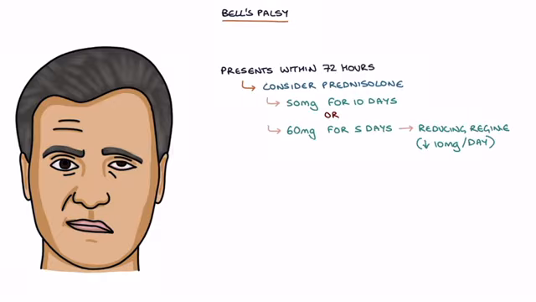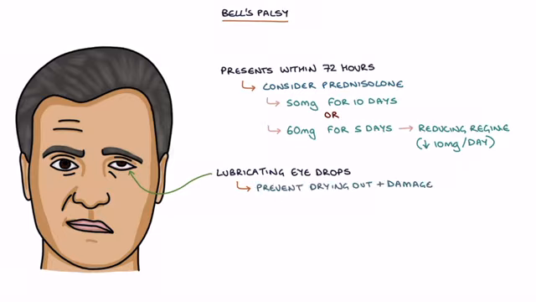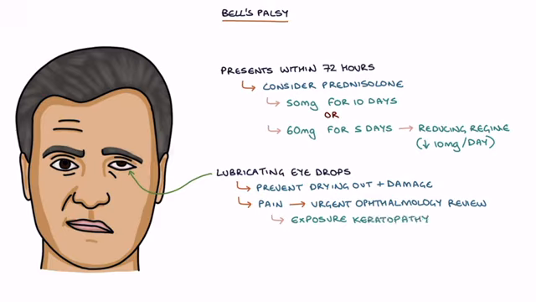Patients also require lubricating eye drops to prevent the eyes from drying out and becoming damaged. Pain in the eye requires an urgent ophthalmology review for exposure keratopathy. The eye can be taped closed at night to prevent damage.